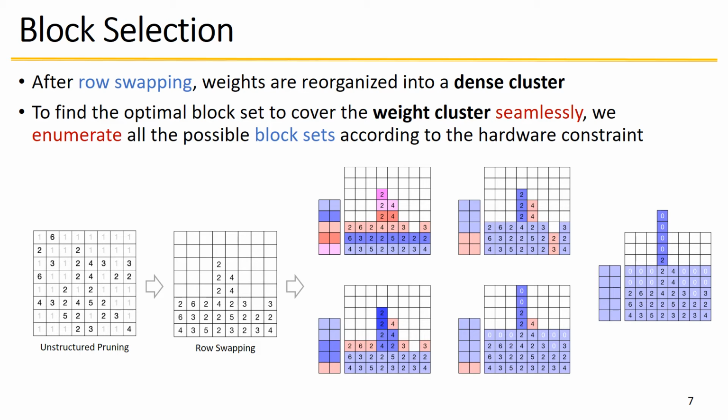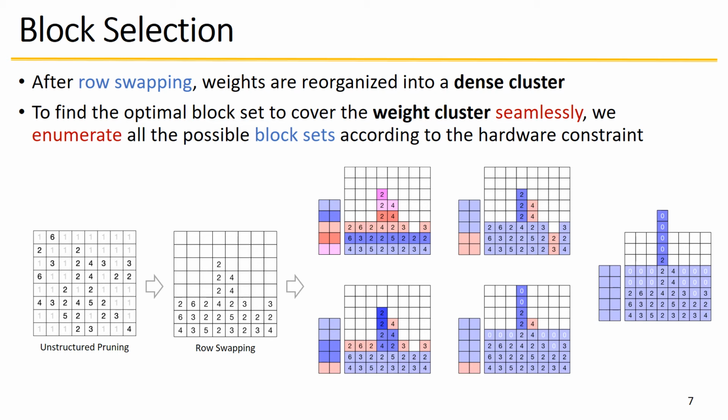The proposed method provides a finer granularity of coverage for the irregular weight matrix, so that no weights are discarded and there is no inference accuracy degradation.